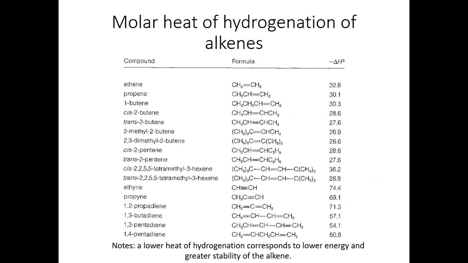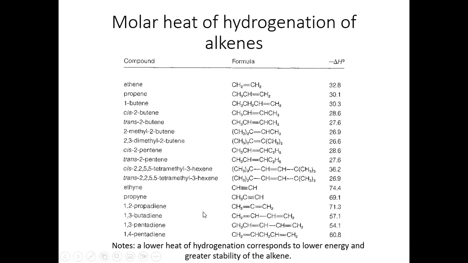So the molar heat of hydrogenation of alkenes. These are the list. You can see the heat of hydrogenation from ethene, propene, right? It depends on the substituent. Okay, so 1-butene is around 30.